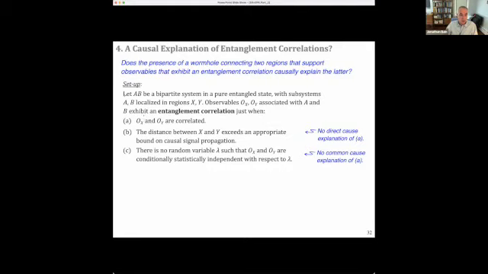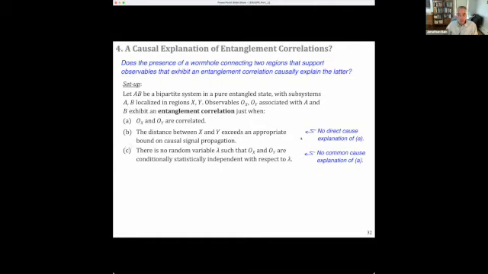So let AB be a bipartite system in an entangled state with subsystems A and B localized in spatiotemporal regions X and Y. Then observables OX and OY associated with A and B can be said to exhibit an entanglement correlation just when the following three conditions hold. They're correlated. The distance between their regions of support exceeds an appropriate bound on causal signal propagation.